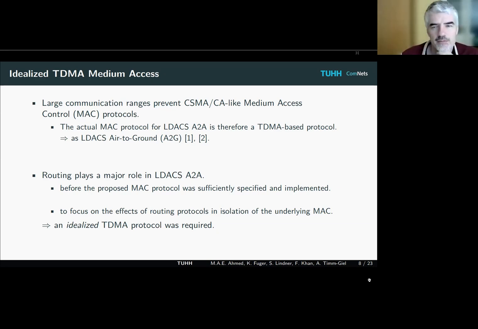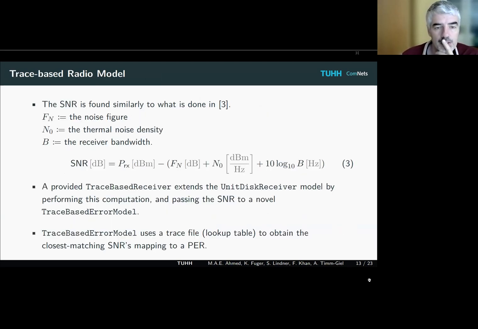My question is about the validation of the models, because as you mentioned, you have certain simplifications for performance reasons, so you can simulate large networks or a lot of time.